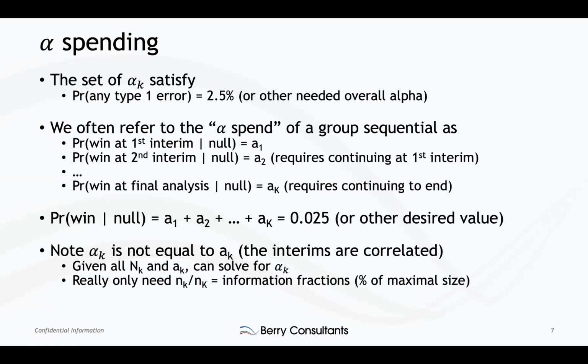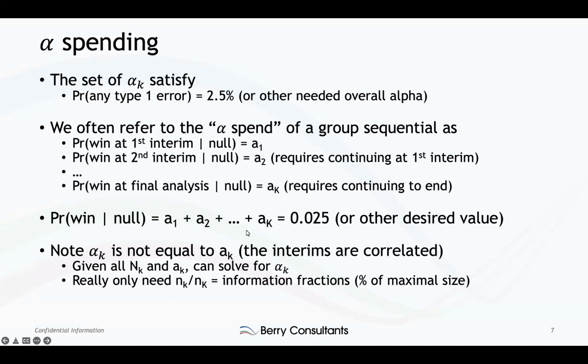In this case, we often have discussions of aggressive alpha spending and conservative alpha spending. Aggressive alpha spending would mean that these early A's are fairly large. So if I have a 2.5% type 1 error budget, and I'm spending 1% of it at an early interim, that's often considered to be aggressive.